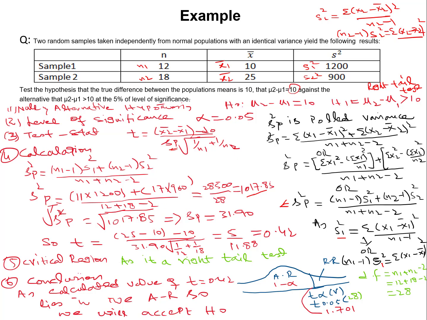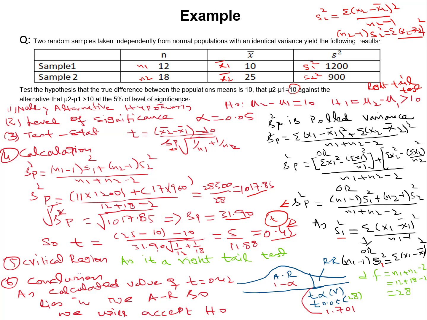We put this D naught divided by Sp, which we have already calculated with some complex calculation, which is 31.90, into the square root of 1 divided by 12 plus 1 divided by 18, as n1 is 12 and n2 is 18. When you simplify it, this is the calculated value of t. This is the t value.